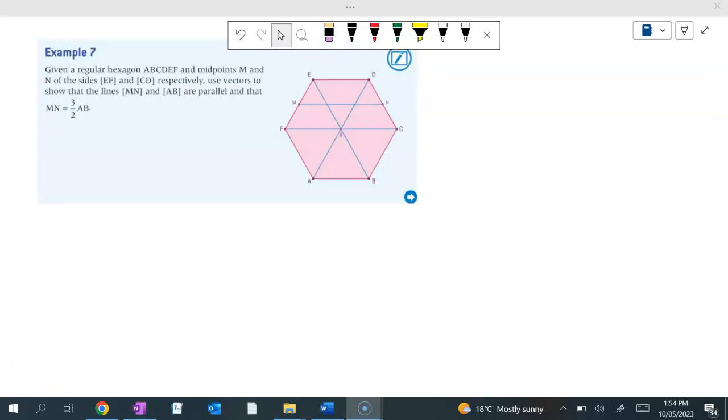With this question, we've got a hexagon, and we've got to show that MN is equal to 1.5 times AB. So there's MN, here's AB. Now, the key to this question is that every triangle is an equilateral triangle, which means that all these sides, internal and forming the perimeter, are all equal.